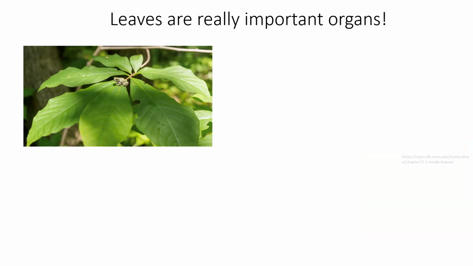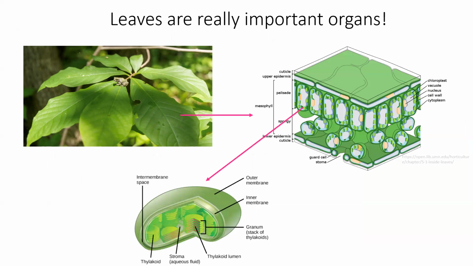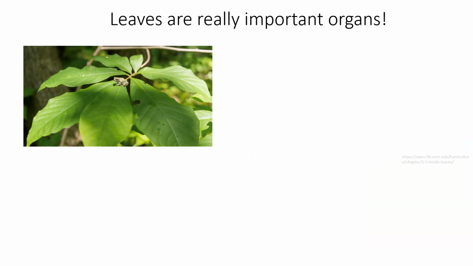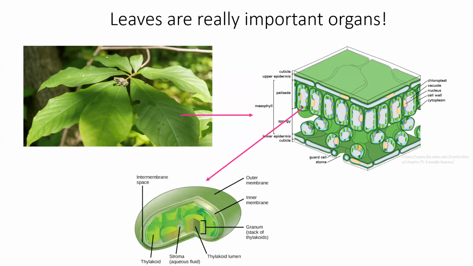Okay. And super important to this process are the specific tissues that this happens in. So leaves are really important organs. And when we look at leaves, we can kind of break it down here. So this first picture I'm showing you is, of course, a leaf. And then we can look at a cross-section of what leaves look like. We have this mesophyll layer, which is that inner layer. Then we have our cuticle and the different dermis layers. So the epidermis on both sides, both upper and lower.